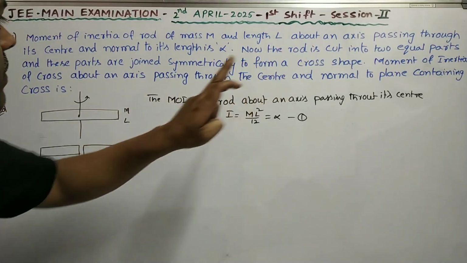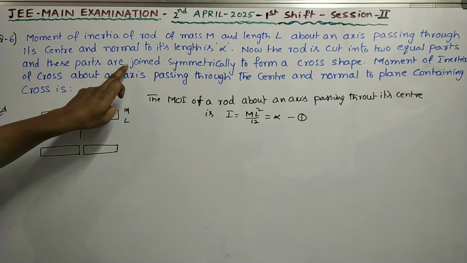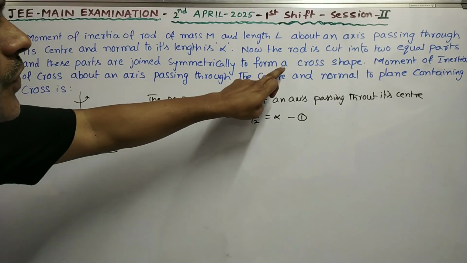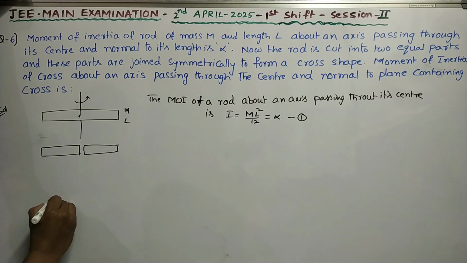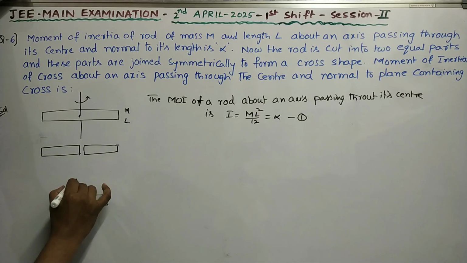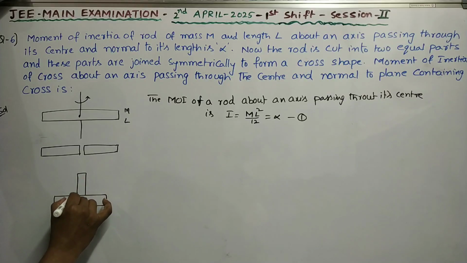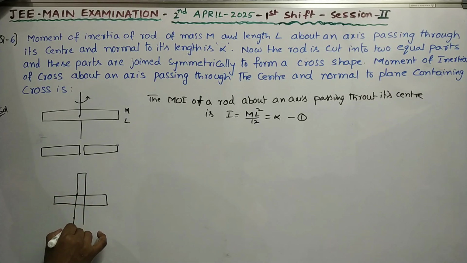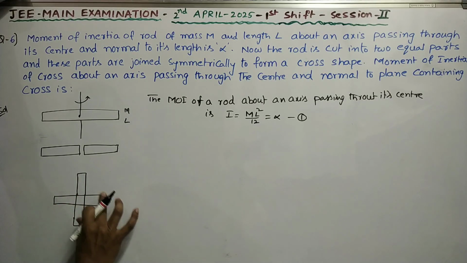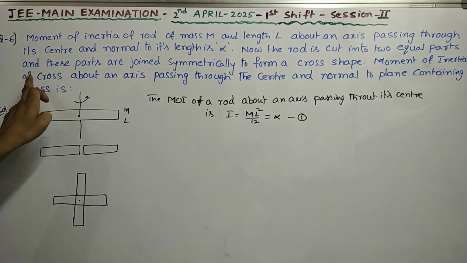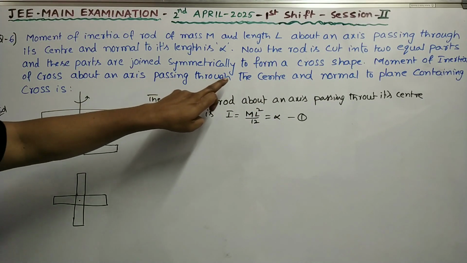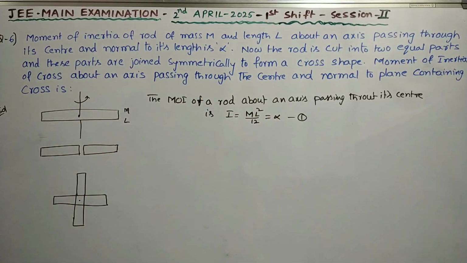These parts are joined symmetrically to form a cross shape, joined symmetrically like this way to form a cross. Now we need the moment of inertia of the cross about an axis passing through its center and normal to the plane.